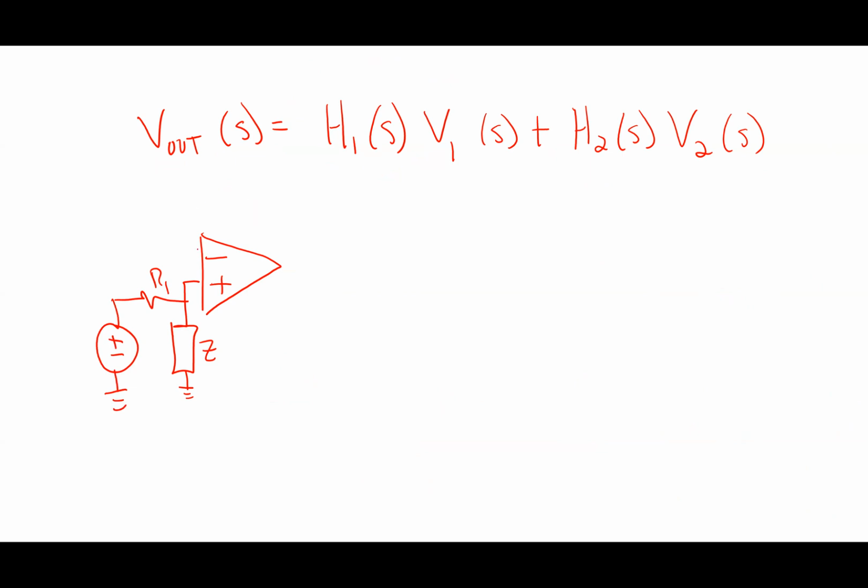Sorry, this is Z. This is R1, and that's ground, right? This voltage would be V out 2.